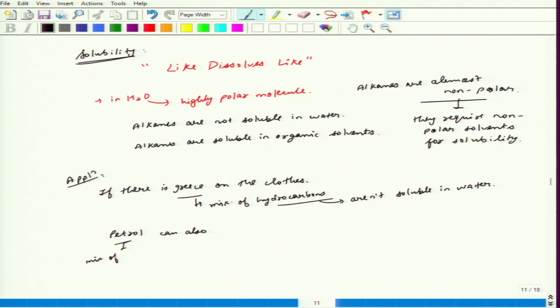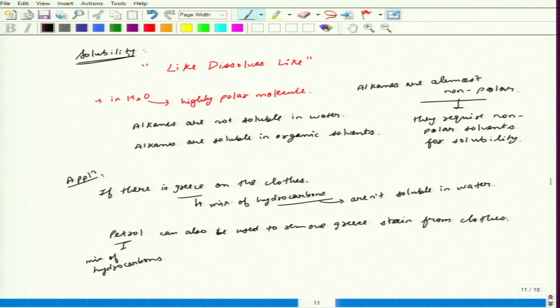It is also a non-polar solvent, so it will solubilize the grease in itself and remove it. It can be used to remove grease stains from clothes.